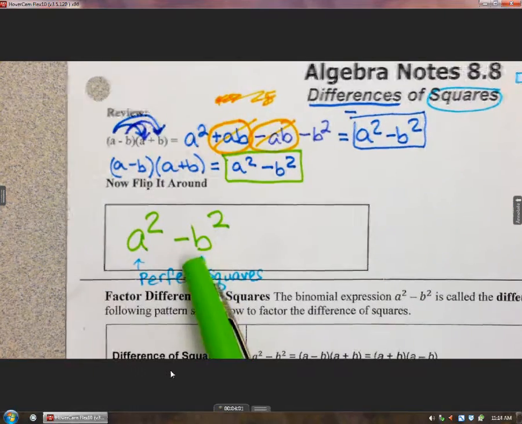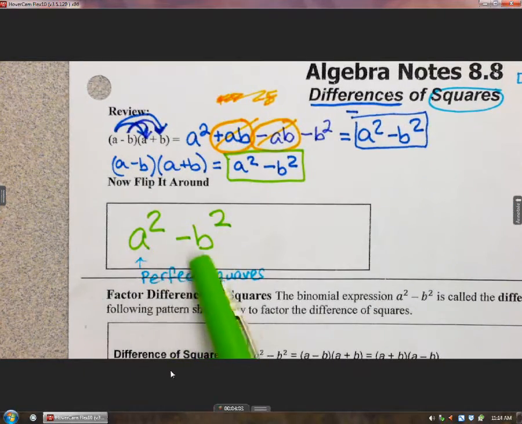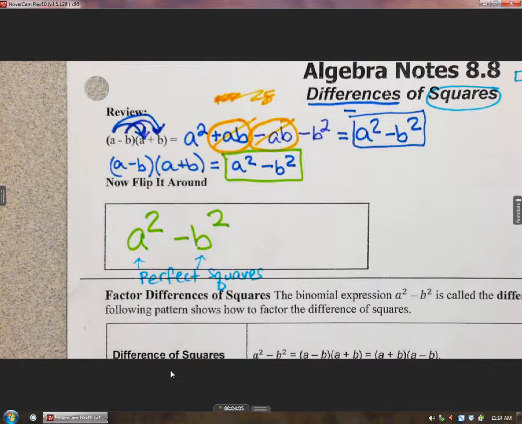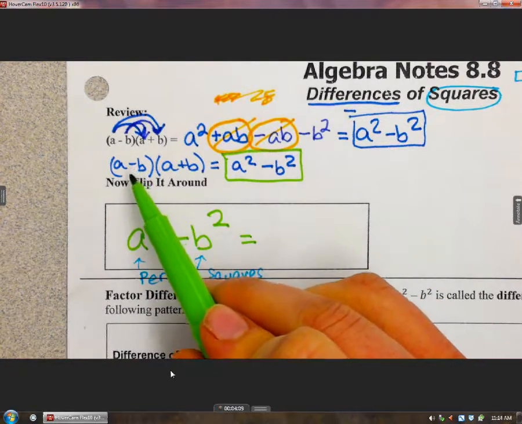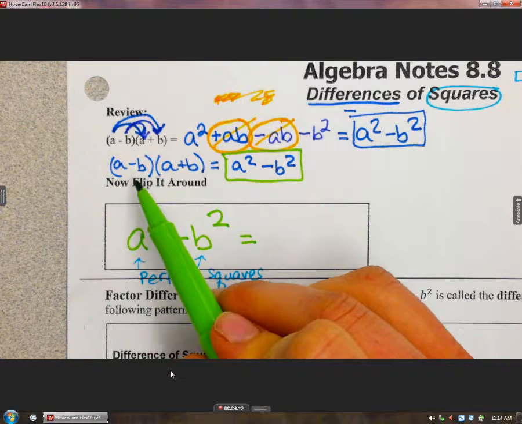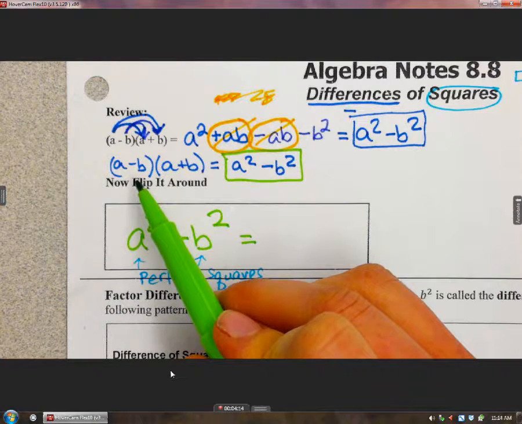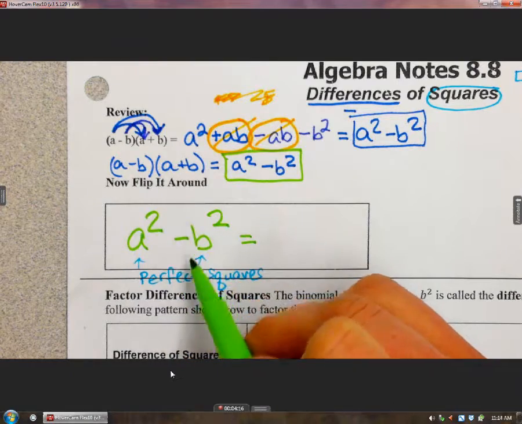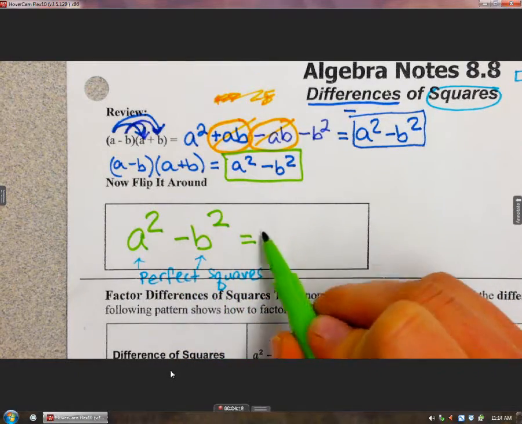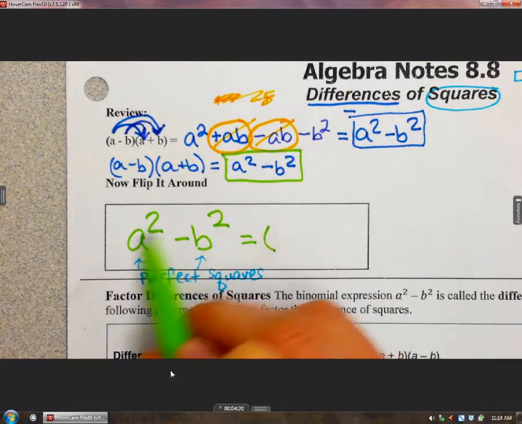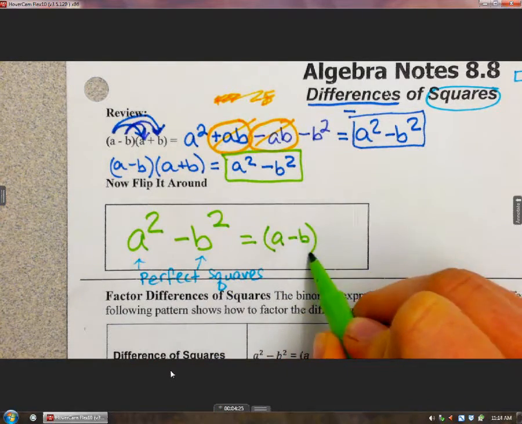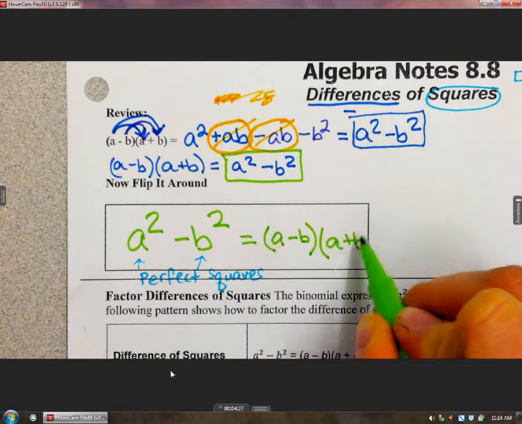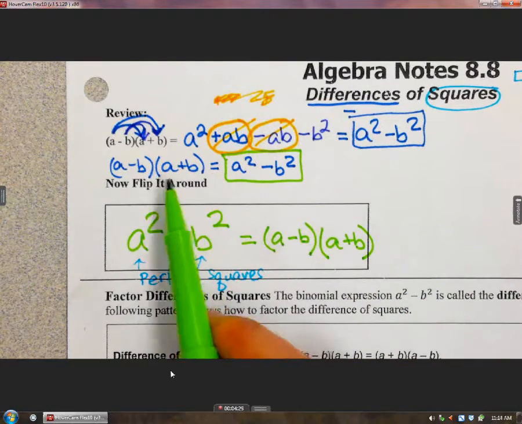No matter what I give you with the a squared minus b squared, you can always rewrite it, you can factor it. We've been talking about factoring for the last week or so. I mean, you guys are probably getting sick of it way more than I am. But when you see something like this, it can be factored into a minus b times a plus b, based on the math that we just did.